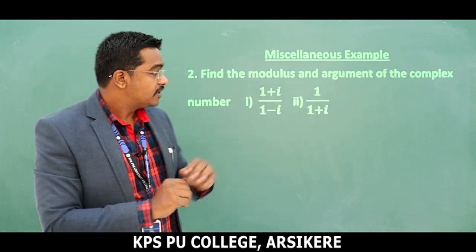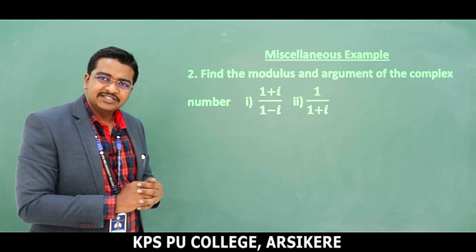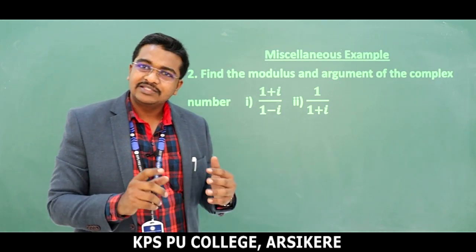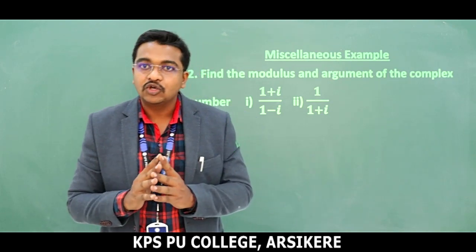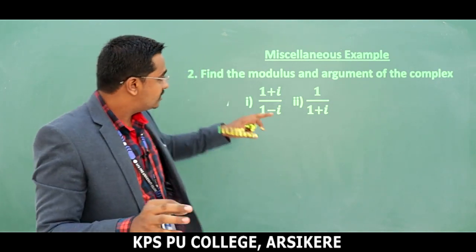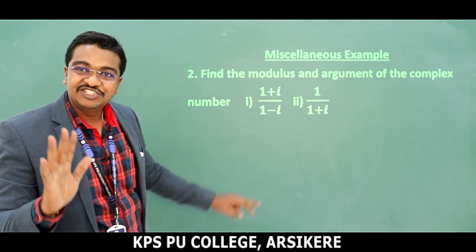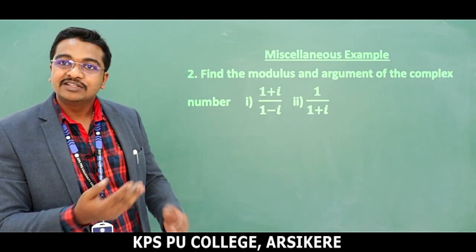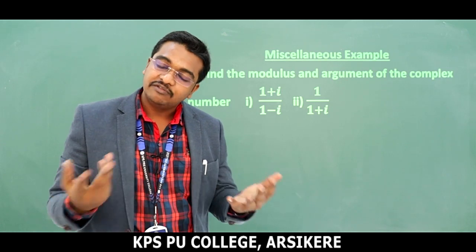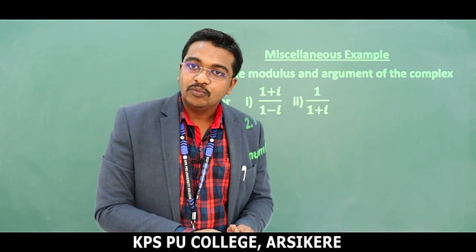Okay, and the modulus of z is equal to square root of x square plus y square. So before finding modulus as well as the argument, first we have to convert the given complex number to general form. Once converted to general form, then compare with z is equal to x plus iy, then find modulus and argument. Clear?